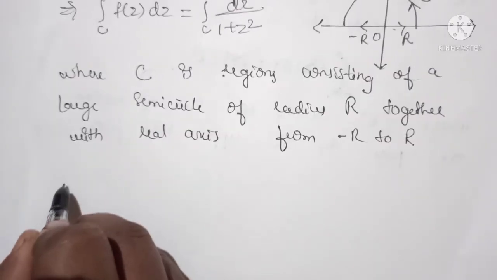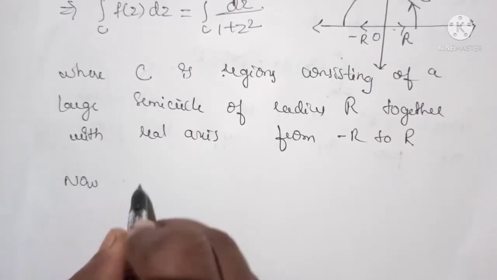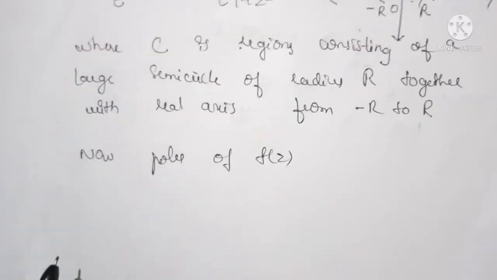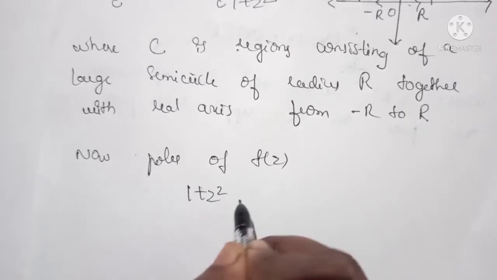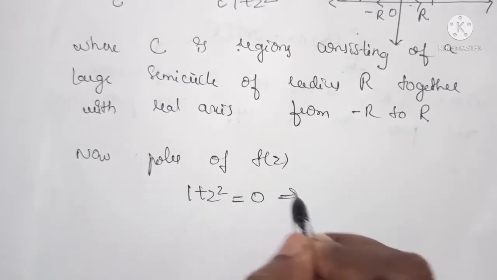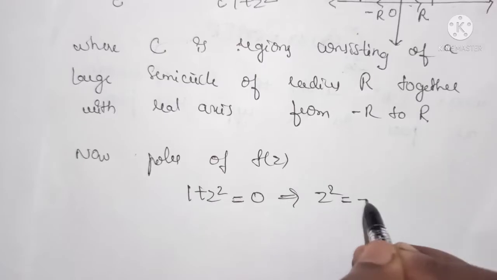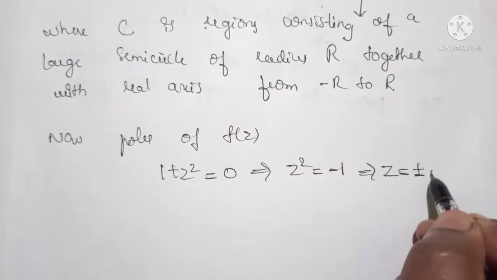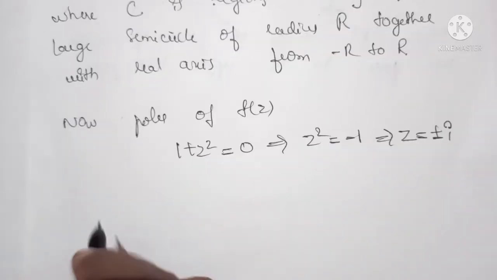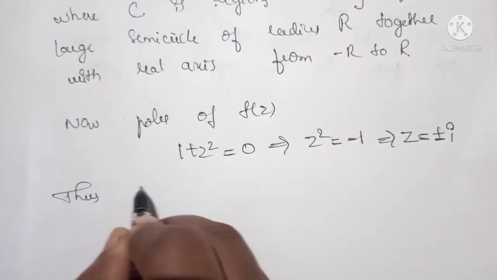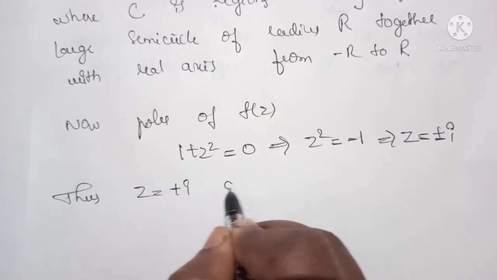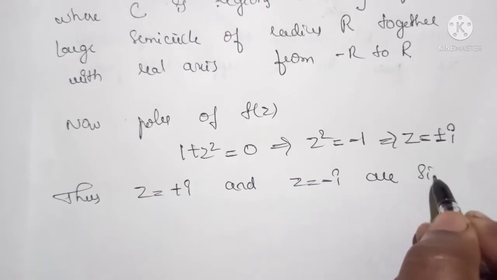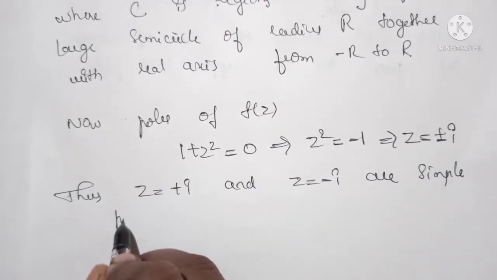Now the poles of f of z: 1 plus z square equals 0. We get z square equals minus 1, which implies z equals plus or minus i. So z equals plus i and z equals minus i are simple poles.